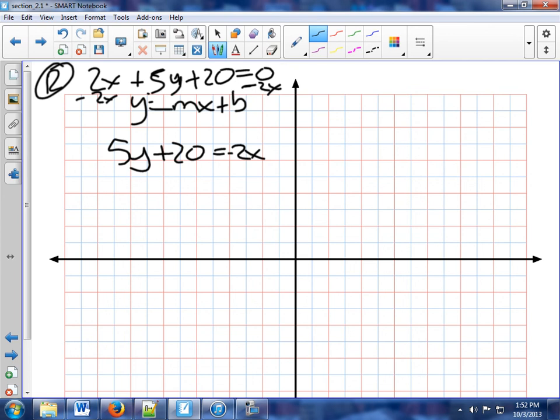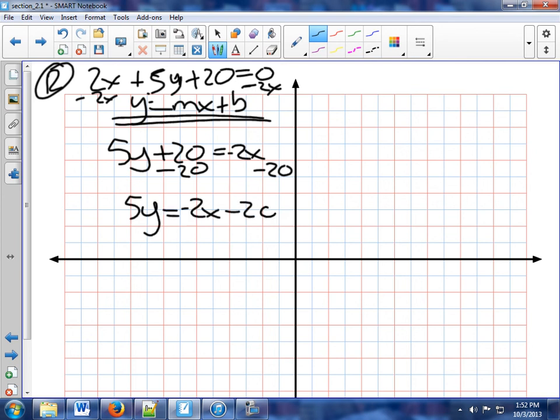Now I need to get the 20 over there. But I want it in this form. So I'm going to subtract 20. 5y is equal to negative 2x minus 20. Now I have the y all by itself on this side of the equation. I need to get rid of the coefficient, the 5 in front of it.